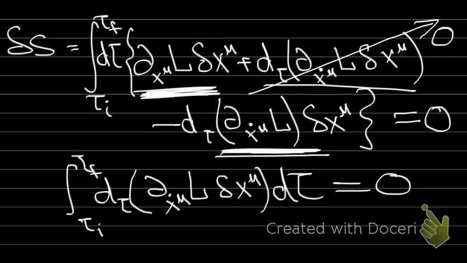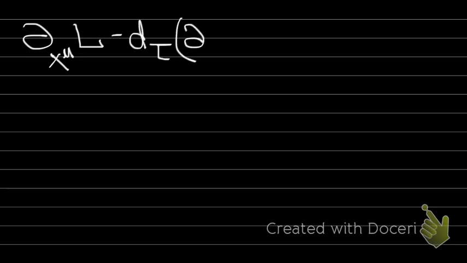But note that we have delta x mu in both, so we could just factor that out, and what you would be left with is the partial derivative with respect to x mu of your Lagrangian L minus the total proper time derivative of partial x dot mu of your Lagrangian L, and this is equal to 0.